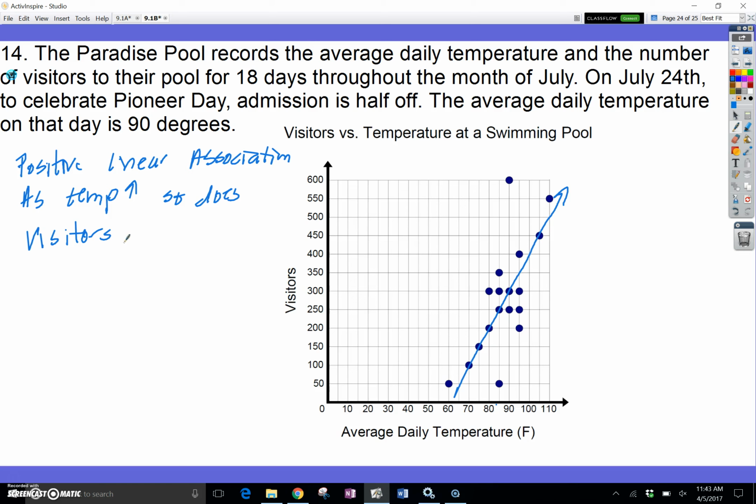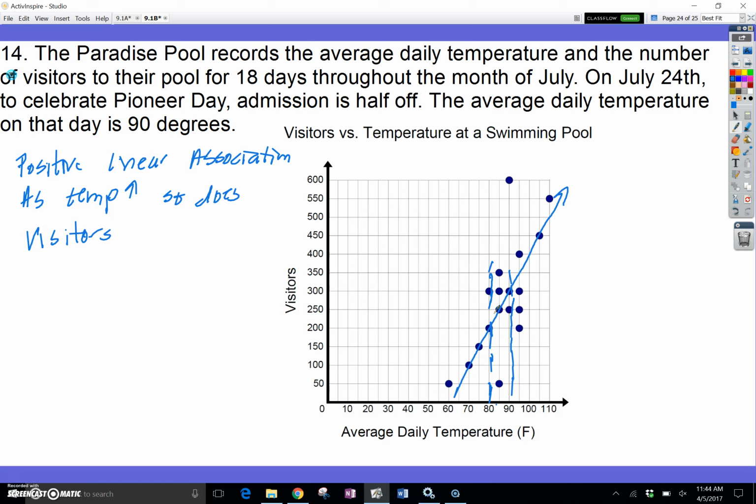And then it appears that many of the data point clusters are between 80 and 90 degrees. So if you look at this, here's 80 degrees in temperature and 90 degrees in temperature. If you want to throw in 100, that works too. And that's where the majority of the people are going.